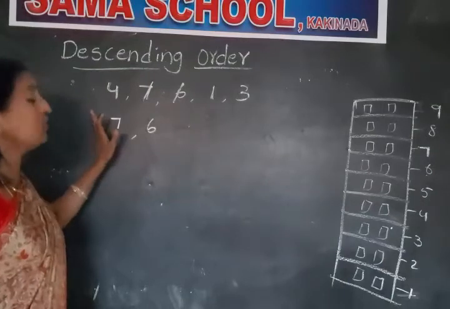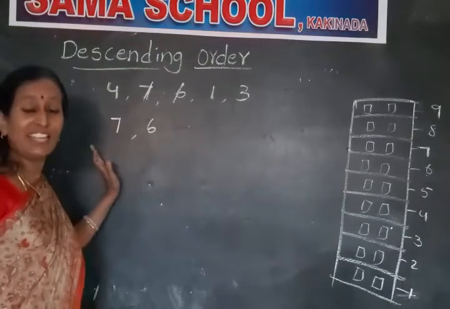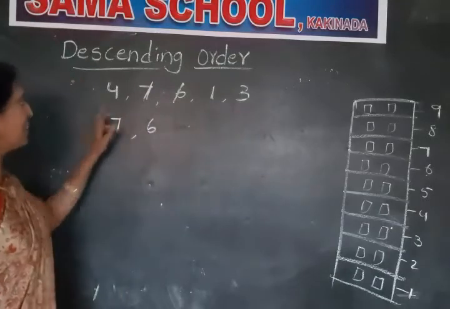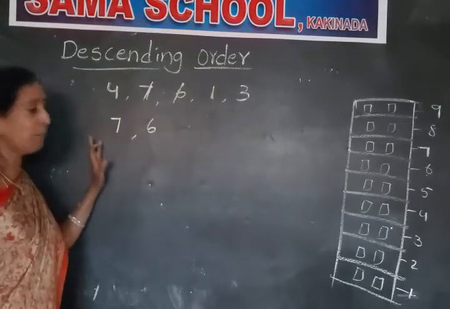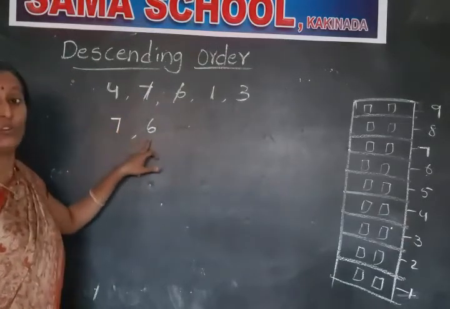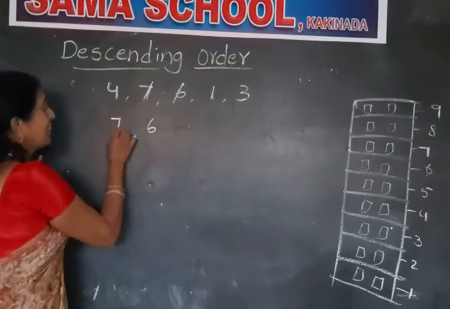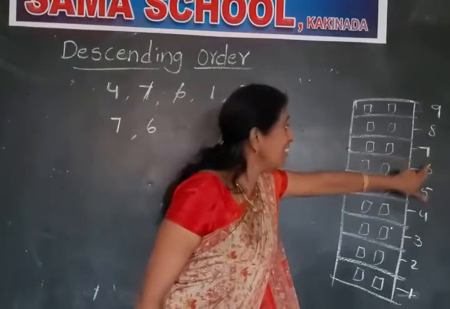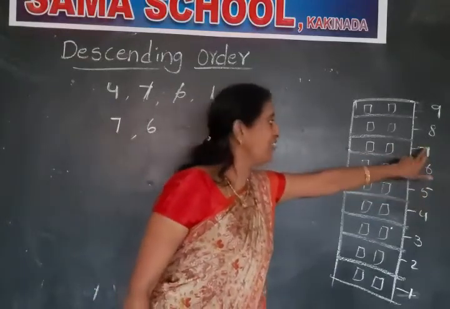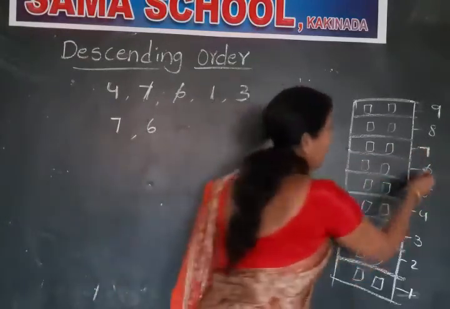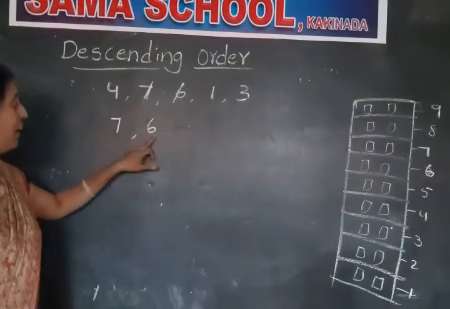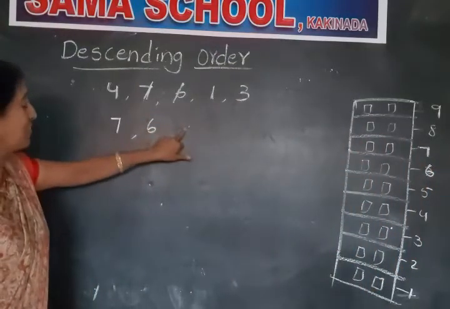Now we are going in descending order, big number to small number. First, 7 is the big number. Next, 6 is smaller than 7. Okay, 6 is smaller than 7, right? So you write 6 here. Next, which number is smaller?